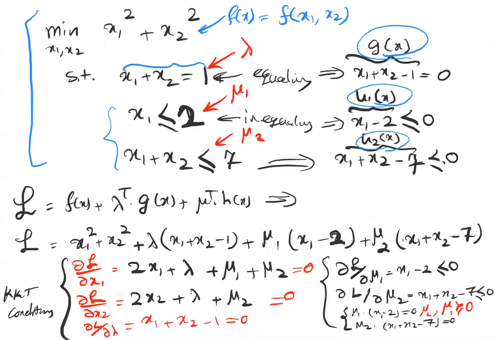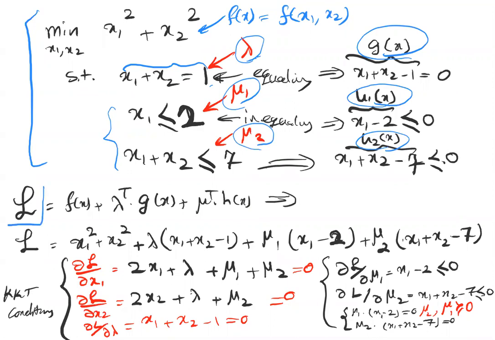Then we define Lagrange multipliers that correspond to each of these constraints. For example, lambda corresponds to the equality constraint, mu sub 1 corresponds to the first inequality constraint, and mu sub 2 corresponds to the second inequality constraint.